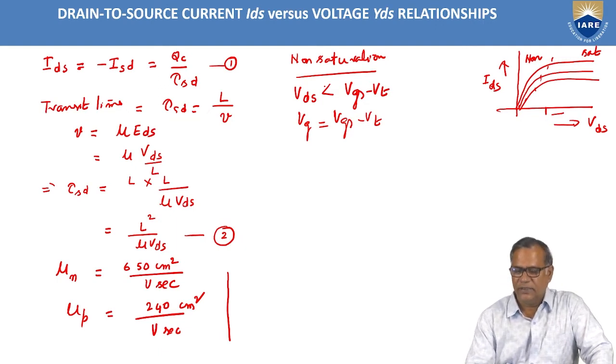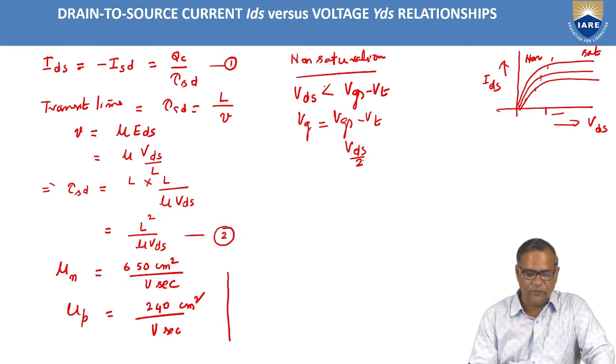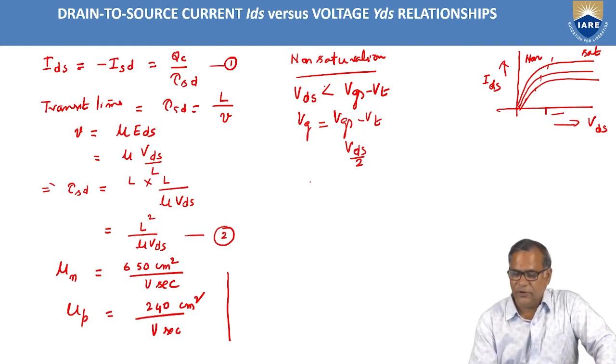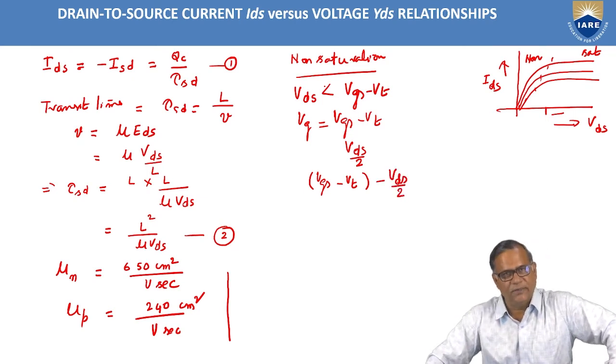The maximum voltage is VDS. The average voltage is VDS by 2. So what is the effective gate voltage? Effective gate voltage is going to become VGS minus VT minus VDS by 2. This is the effective gate voltage. Okay.